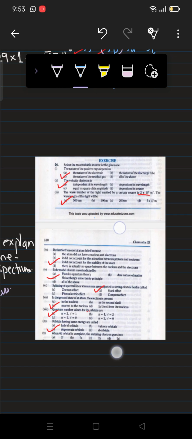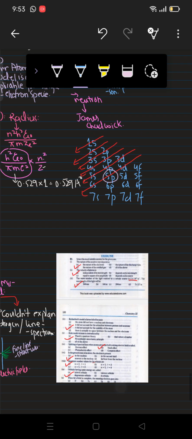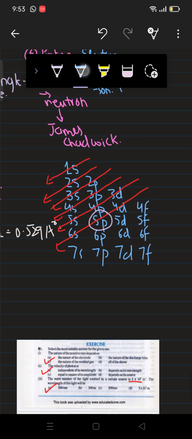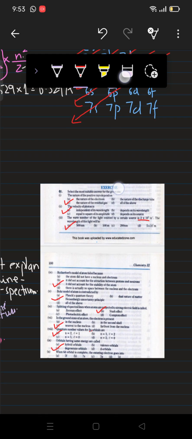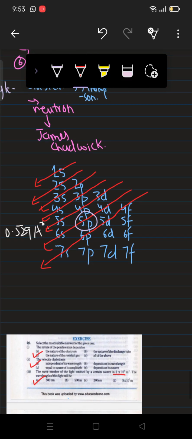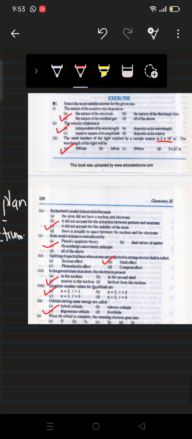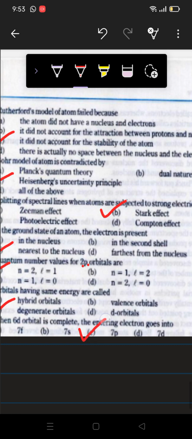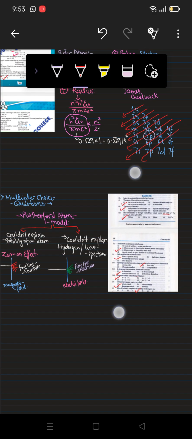They are asking after 6d. So now this electron is going to 4f, 4d, 6p, 7s, but they have asked us about after 6d. So 5f, 6d, 7p. So this electron will be going to the 7p. So 7p, 3 is the right option.